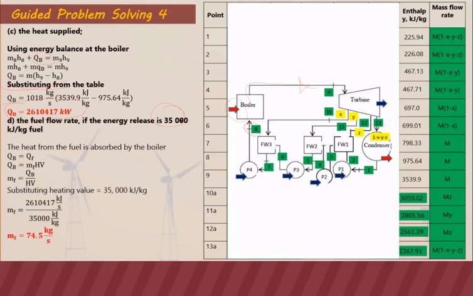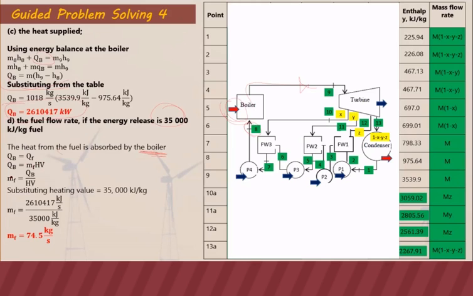For the flow rate of the fuel, the energy release is 35,000, and this energy release is from the fuel. So this energy is the same energy that we use for heating the boiler. That's why the heat from the fuel is absorbed by the boiler. We can do an energy balance also, that the heat input in the boiler is just equals to the heat released by the fuel, QF. And the heat released by the fuel is just the mass of the fuel times its heating value.